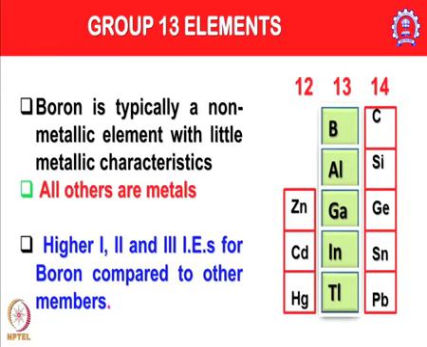In group 13, we have boron, which is typically a non-metallic element with little metallic character, and the rest, aluminum, gallium, indium and thallium, are all metals. All group 13 elements show slightly higher ionization enthalpies compared to alkaline earth metals.